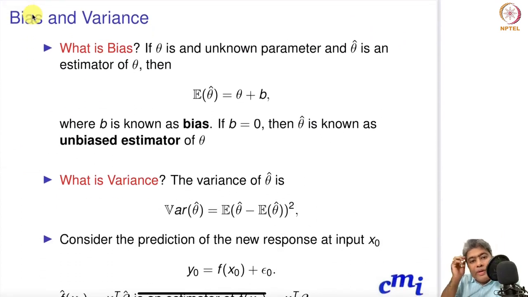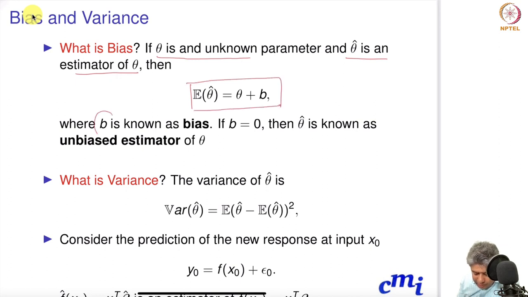So, what is bias? If theta is unknown, and theta hat is an estimator of theta, then if the expectation of theta hat is equal to theta plus b, then b is known as the bias. And if b is 0, if your bias is 0, then theta hat is known as an unbiased estimator.